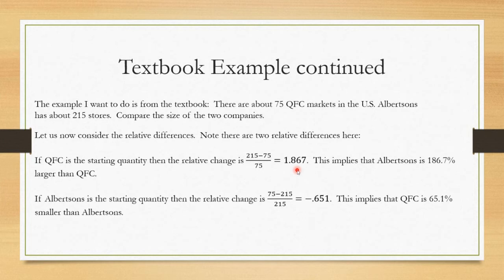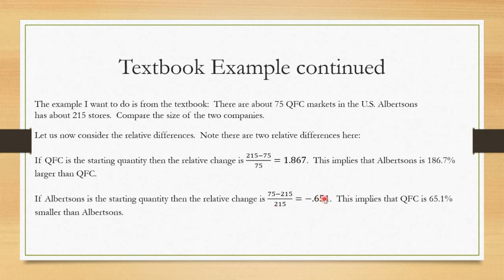As a percent, we would have 186.7%. In this case, Albertson has about 186% more stores than QFC, almost twice as many. I take that back, more than twice as many.